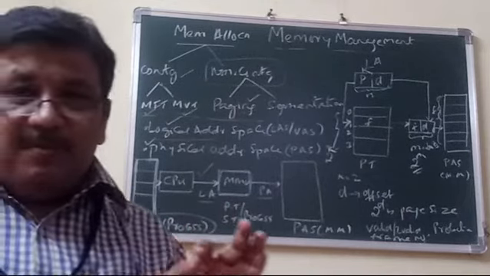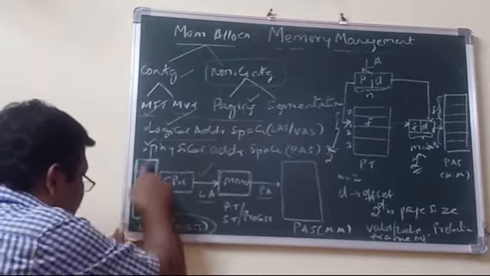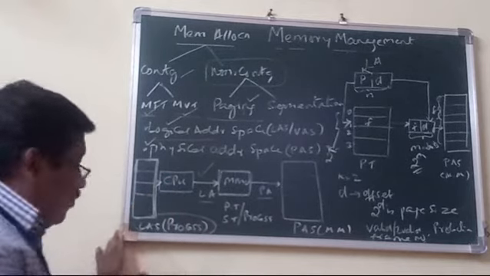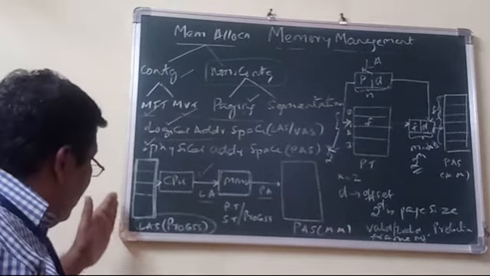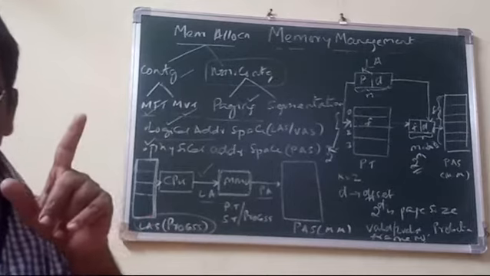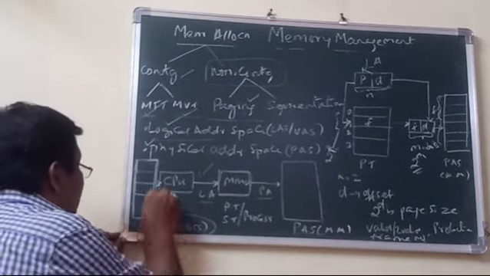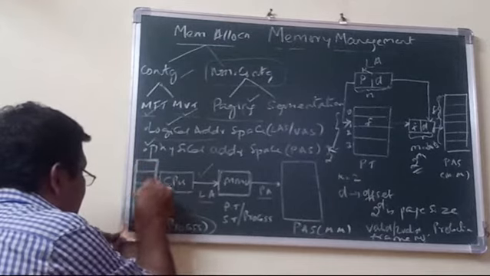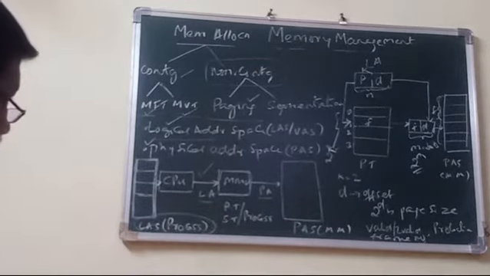Every page is of fixed size. As you can see here, I have divided this logical address space, the logical address space of this particular process, into 4 pages. Every process has a logical address space.